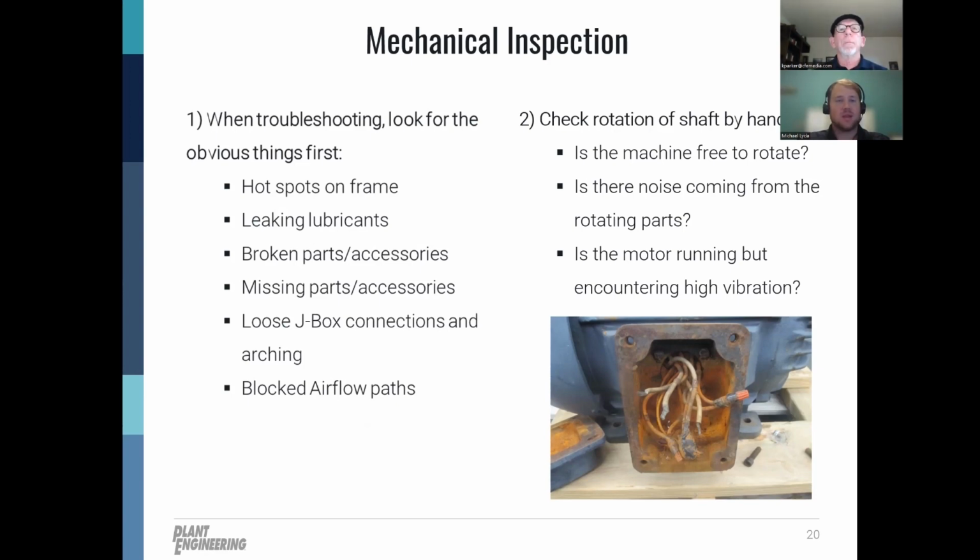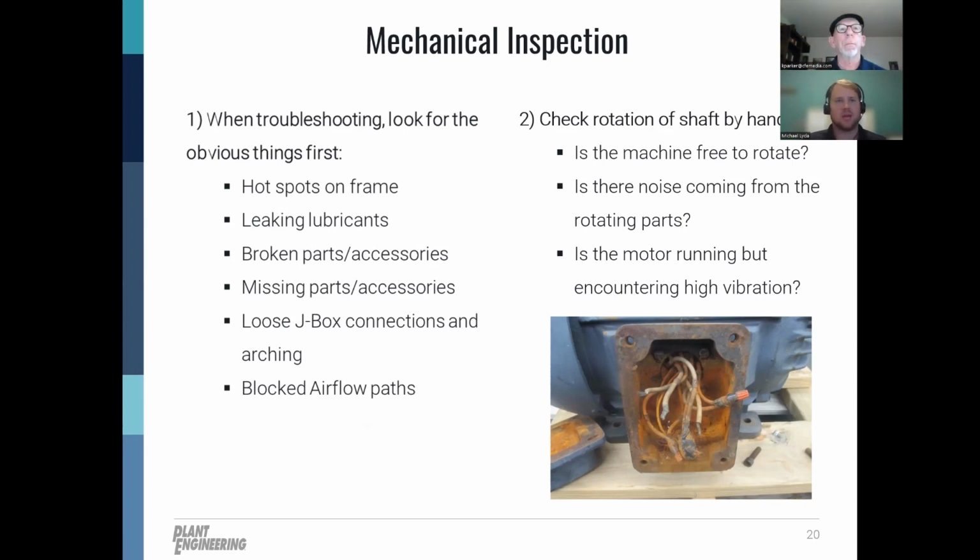If the fan's not there, the motor's going to overheat and fail early or prematurely. Or if you have a fan with eight blades and you have two of those missing, now when your motor's rotating, the rotor's not going to be balanced anymore. So you're going to have a noticeably high vibration.